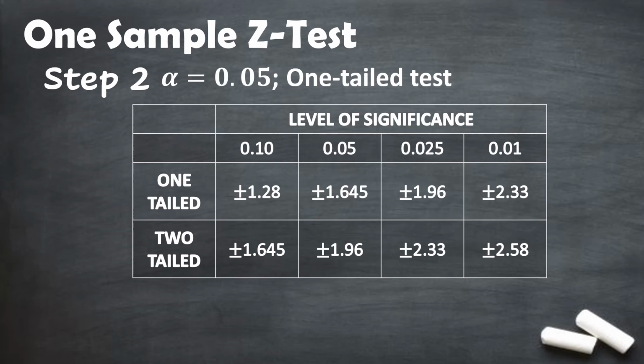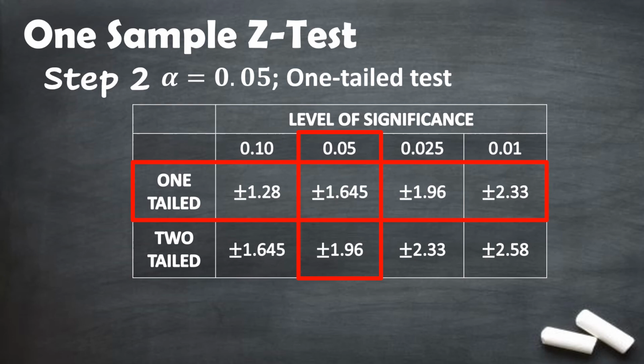To identify the Z tabular for this given problem, we have to draw an imaginary vertical line passing through 0.05, since that is the level of significance for this problem. And draw also an imaginary horizontal line passing through one-tailed test, since that is the tail test in this given problem.